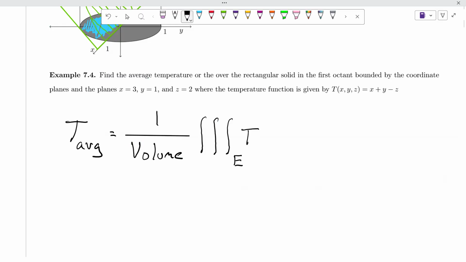So if I want the average of some function T of x, y, z, I should just take its triple integral over the domain and then divide by the volume of that domain. This thing has a very nice rectangular shape, so the integral comes out very nice. But the average value equation is the one that we needed.